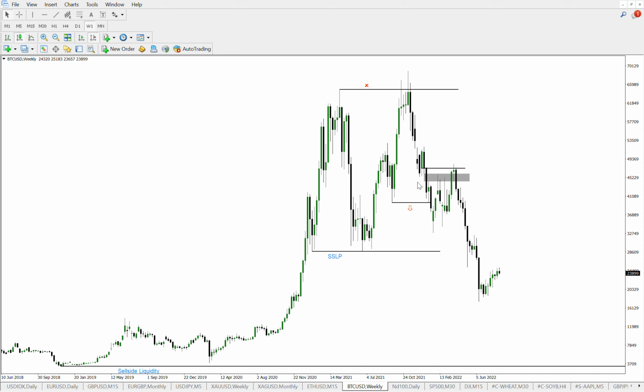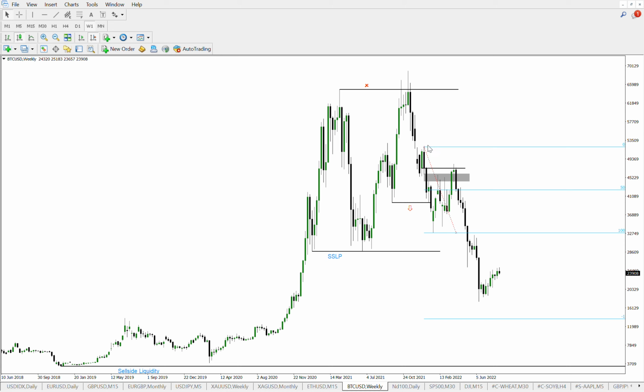So when price comes back up above the 50% level, we are in a premium, right? So when price comes back above the 50 level here, price is in a premium. If we're going to be sellers, if we're going to want to short the marketplace, we want to be shorting at or above the 50% level.